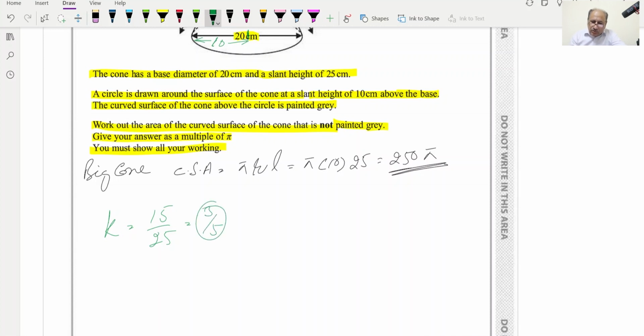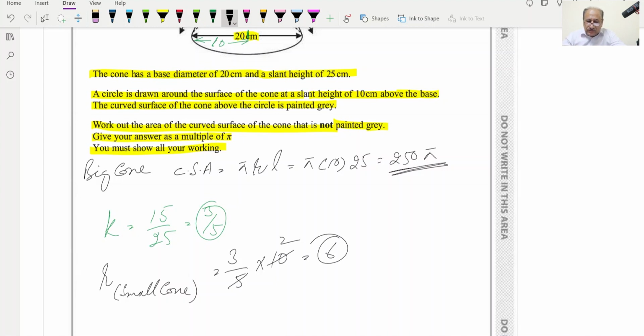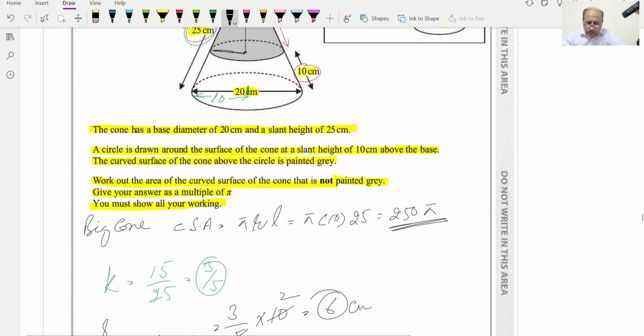Now radius of the smaller cone will be what? Radius of small cone will be equal to 3 by 5 of radius of the bigger cone, which is 10, and 5 twos are 10, so this will be equal to 6 centimeters. 6 centimeters will be the radius of the smaller cone.